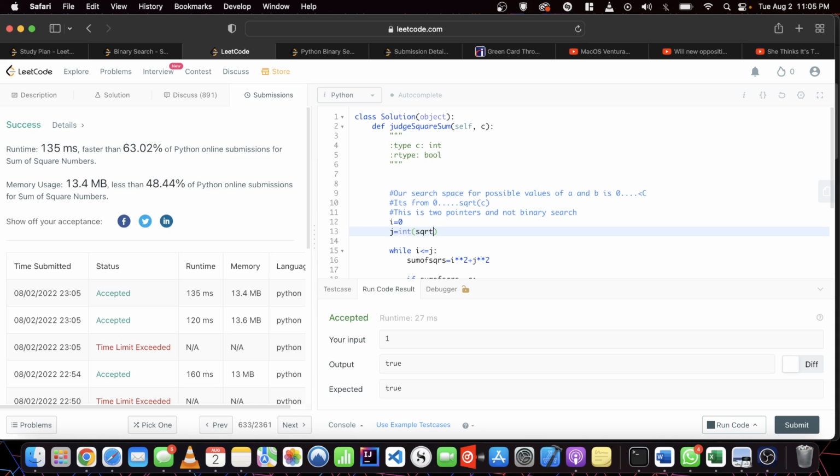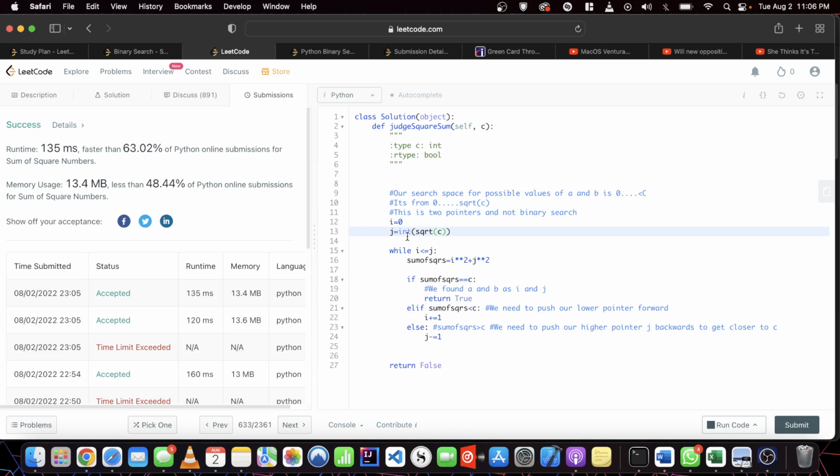So anyway, square root of c. You have to understand the search space for a and b, and you have to remember to do this optimization so that it doesn't take long.